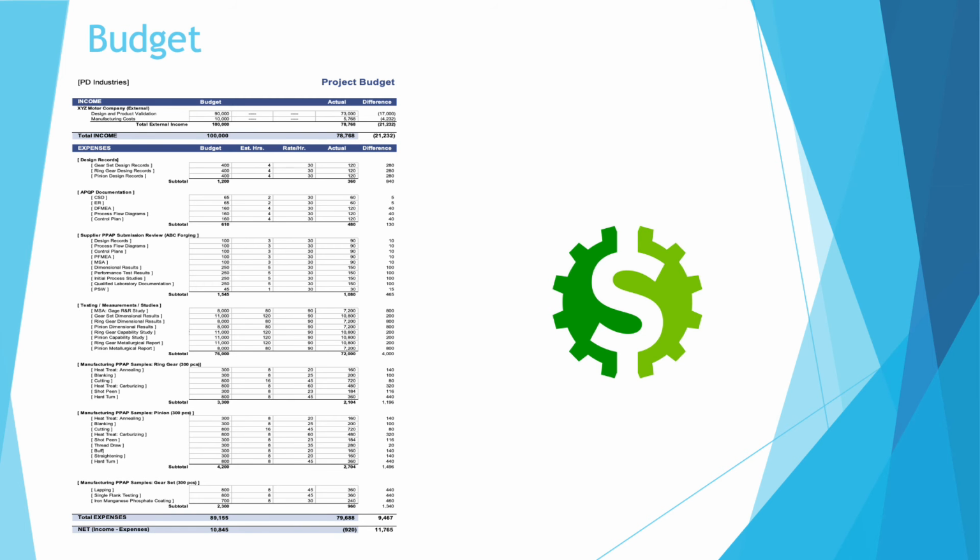The project budget is $100,000. This includes design and product validation and manufacturing costs. The expenses taken into account were on a rate per hour basis. Design records for gear set, ring gear, and pinion equal $360.